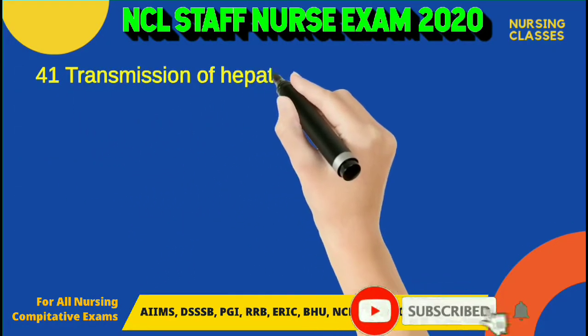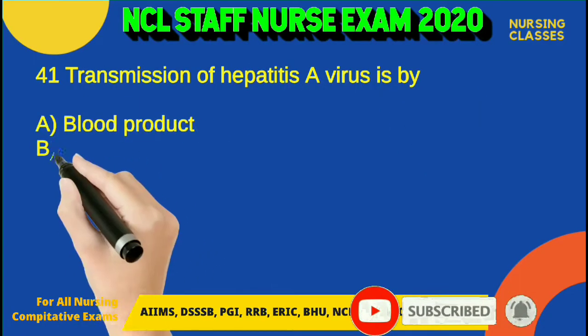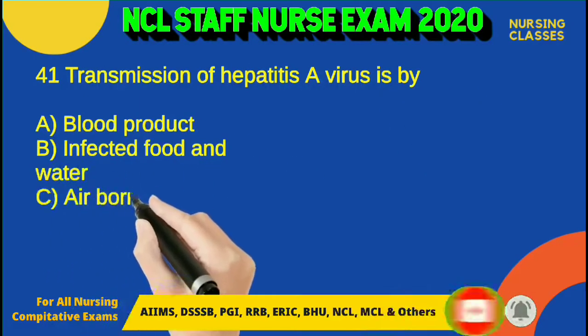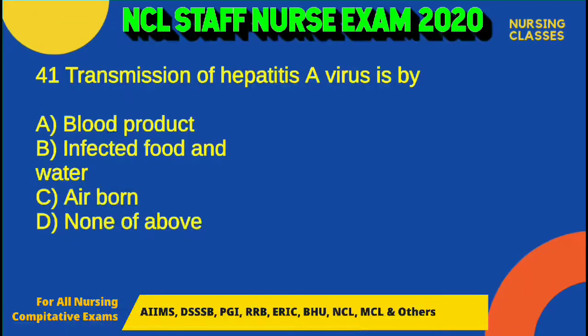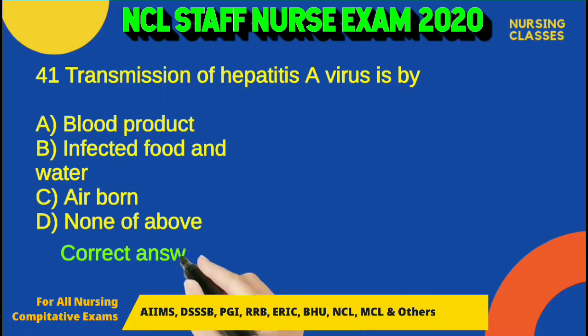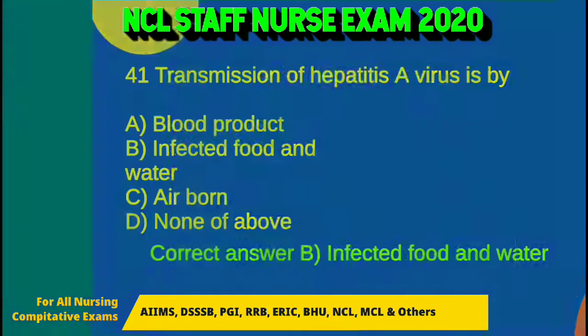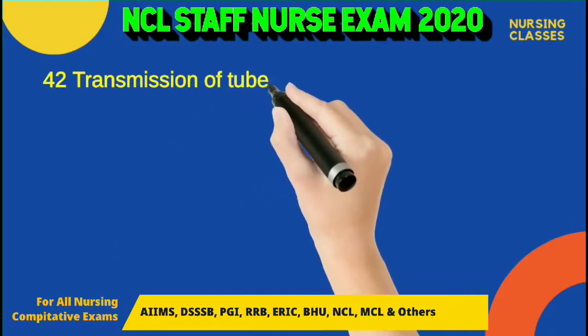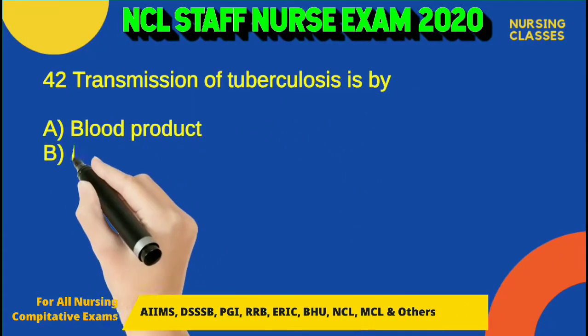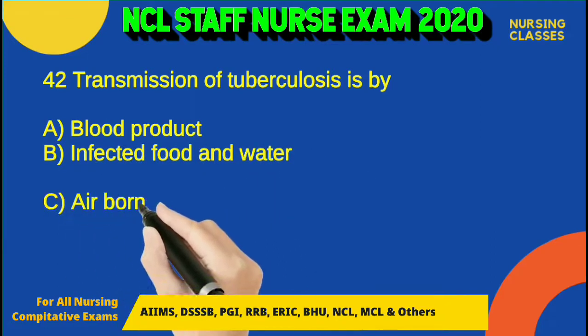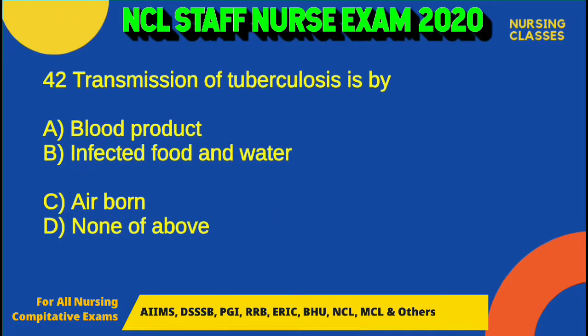41. Transmission of hepatitis A virus is by A. Blood product. B. Infected food and water. C. Airborne. D. None of above. Correct answer B. Infected food and water. 42. Transmission of tuberculosis is by the same options.